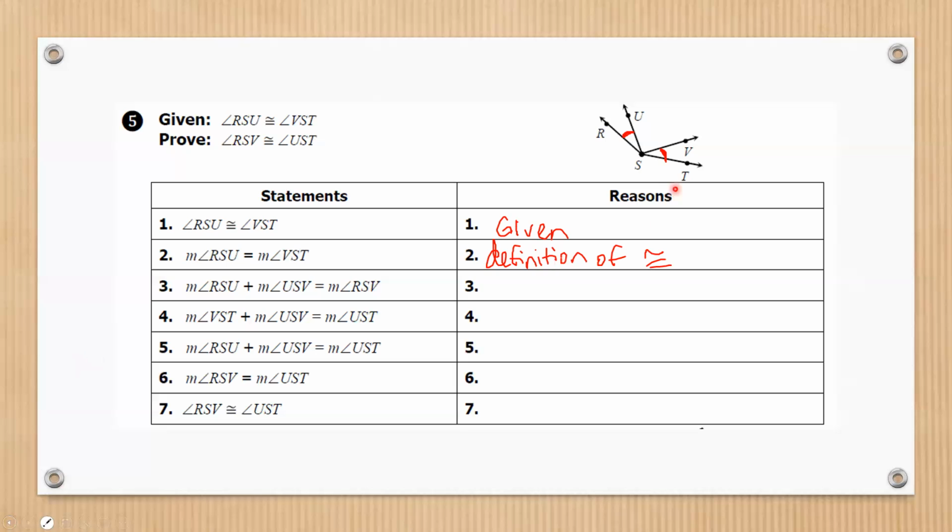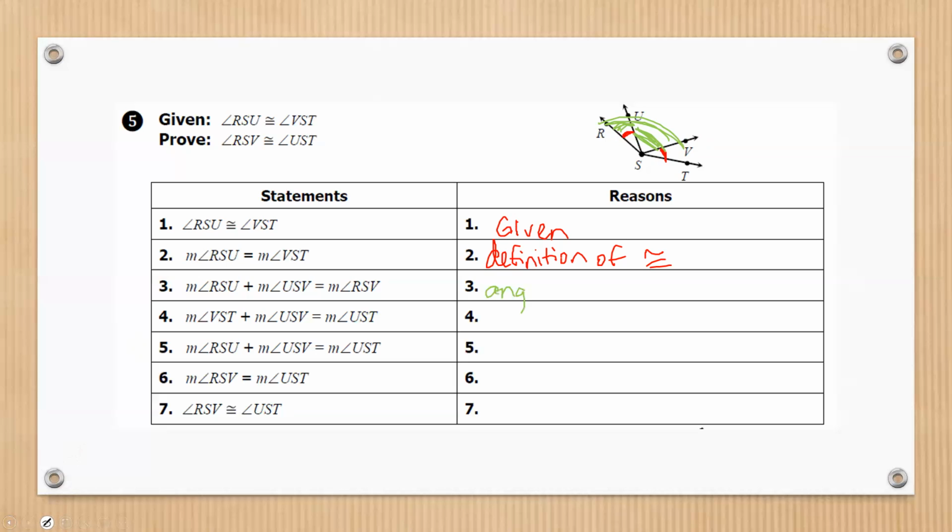It's always good to double check, but it says angle RSU, that's this angle right here, plus angle USV, that's this angle, equals the measure of angle RSV. That's exactly angle addition. So just one more time, you've got angle RSU, that's here, plus angle USV, that's this guy, equals angle RSV, this whole thing. There you go. Small angle plus small angle equals big angle.